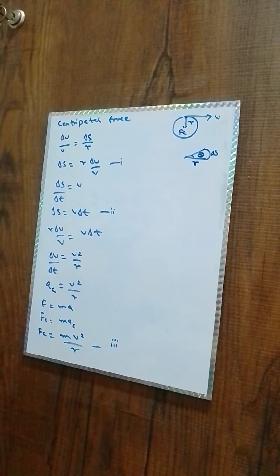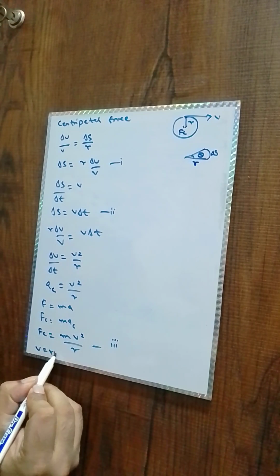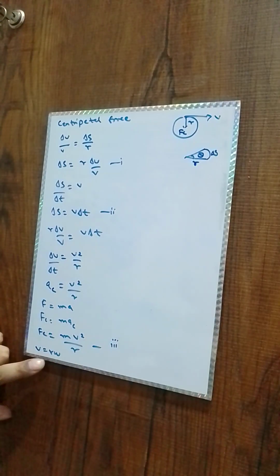It's very important. But there's one more thing to it. As we know that v is equal to r omega, the linear velocity in terms of radius and angular velocity.